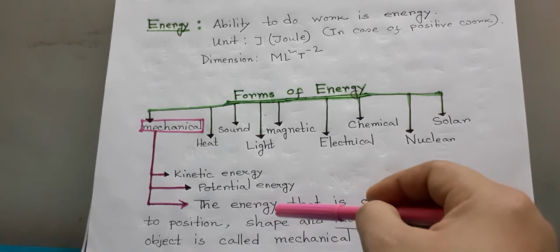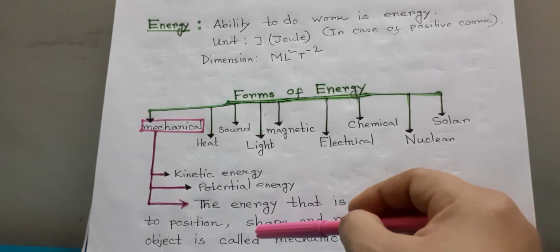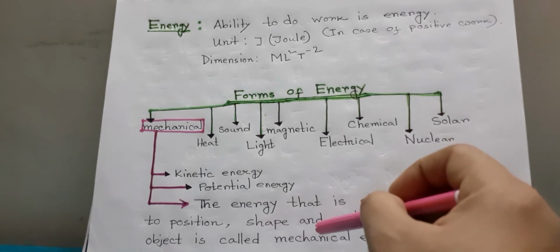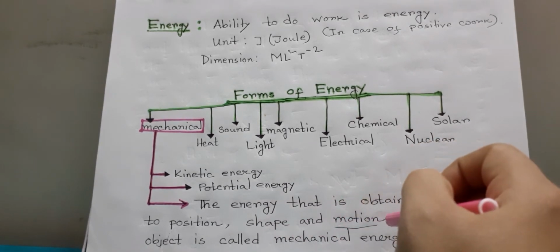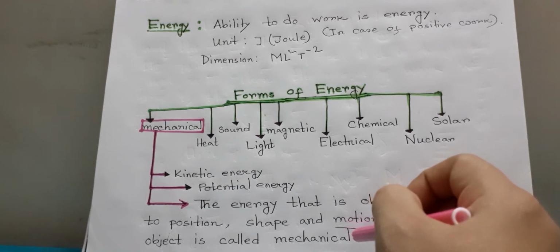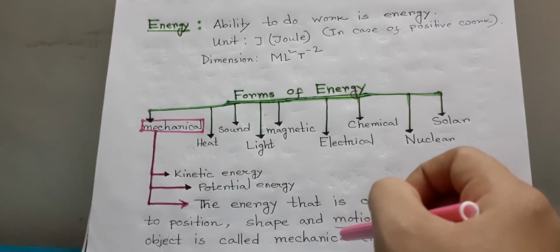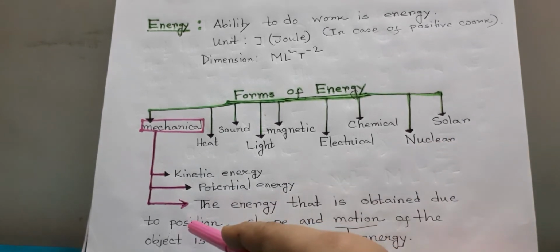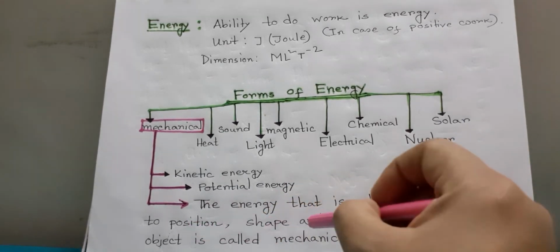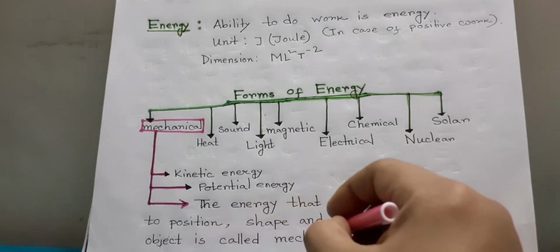Shape means it may be spherical, it may be rectangular, etc. And motion means it may be in high velocity or low velocity or medium velocity, or it may be at rest. So, the energy that is obtained due to the position, shape and motion of the object is called mechanical energy.